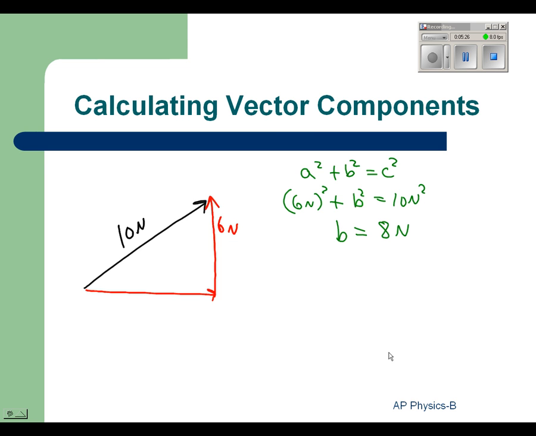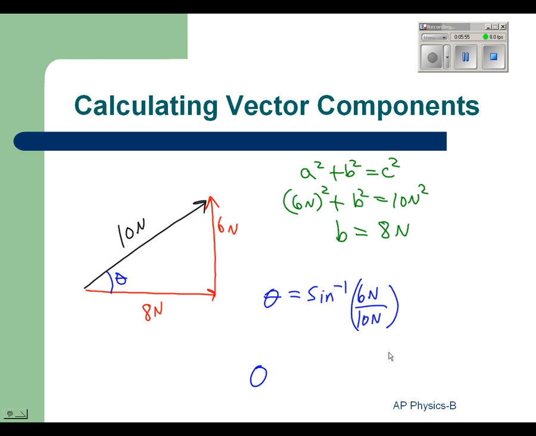And typically we want to find the angle that it's at also. This would be our angle right here. It's theta. And we can use whatever trig function we want here. So, for example, I might say theta equals inverse sine of opposite over hypotenuse, 6 newtons over 10 newtons.